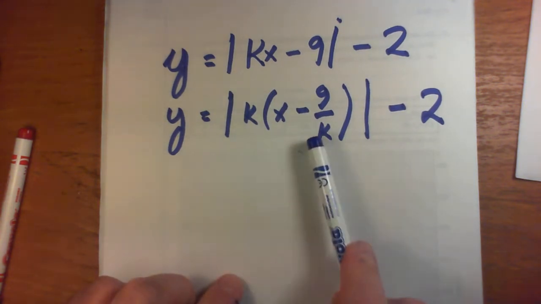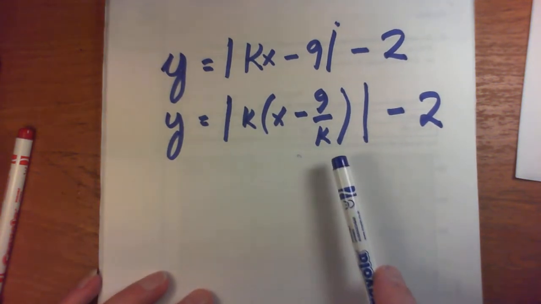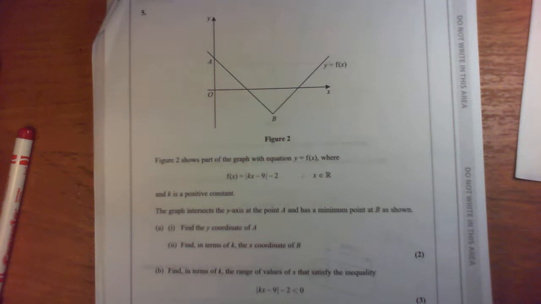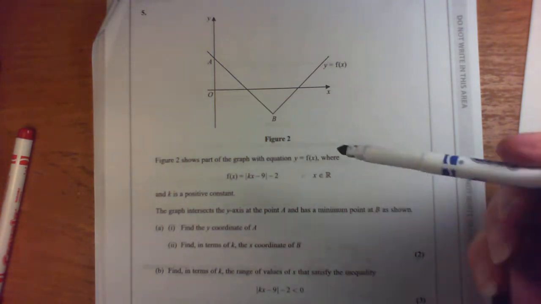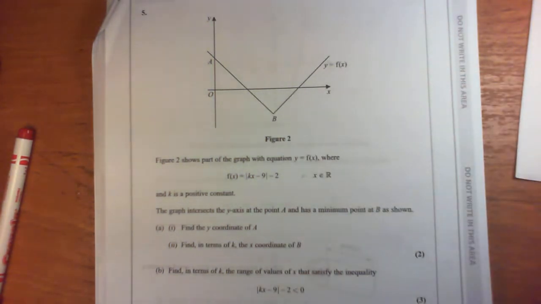It's also been translated by 9 over k units to the right. So I know that the x value of b is 9 over k.